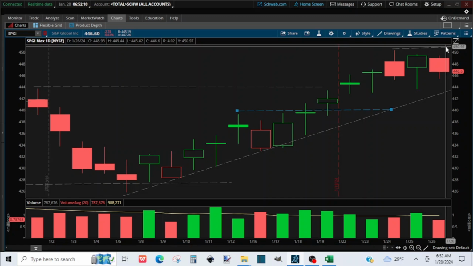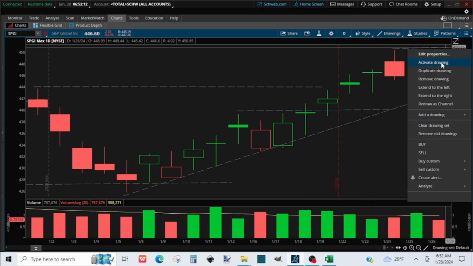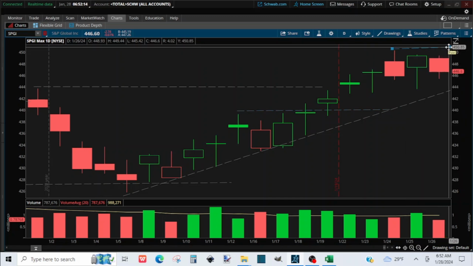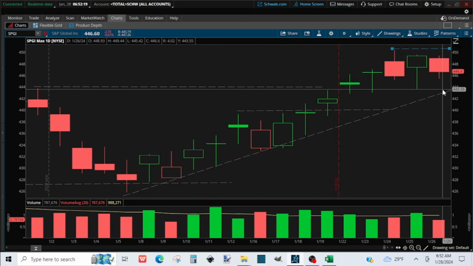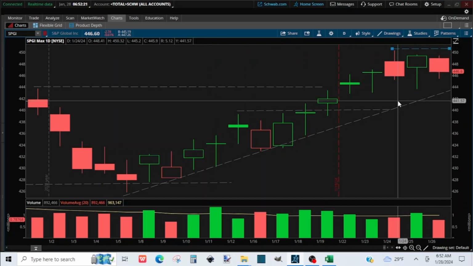So we will see how it's going to behave during the week. If it's going to continue to go down to reach the trend line before starting to go up, we will add it to our weekly watch list.